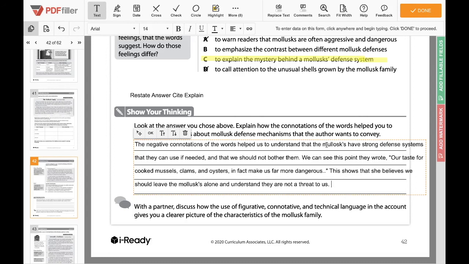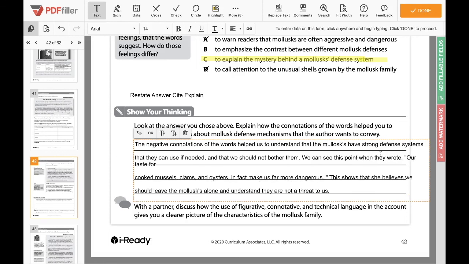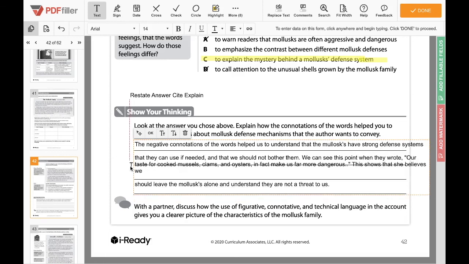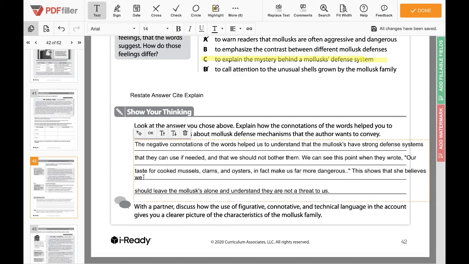Then we cited evidence. We said we can see this point when they wrote, sorry, I have to fix this balancing here. Oh my goodness. There we go. So we cited evidence.